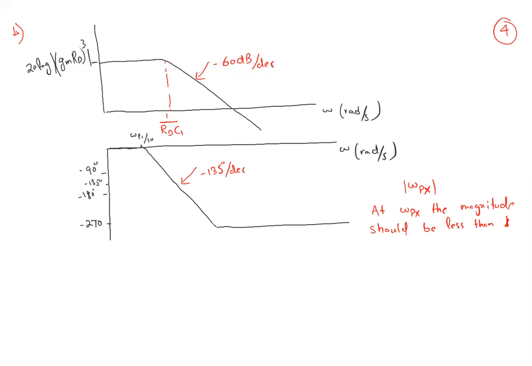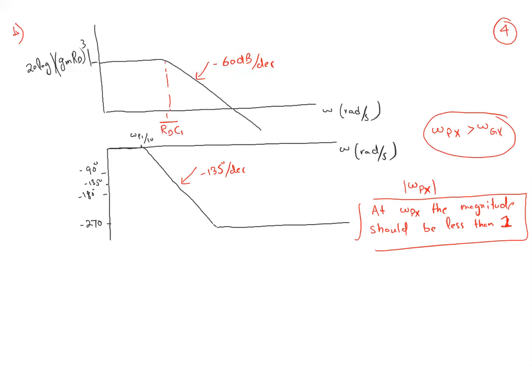Less than 1. This is a condition. Why is it a condition? Because omega px should be greater than omega gx. And what is gx? Gain crossover frequency. Here I'm talking about 1. I'm talking in terms of gain.